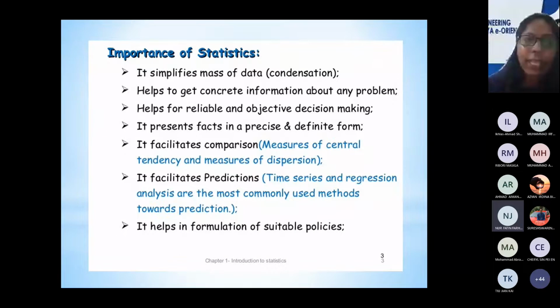Okay, and of course it facilitates comparisons. You can compare how one state is performing in comparison to another state, and how is the weather in different places. Okay, and it facilitates predictions. Yeah, this is our machine learning part. So with whatever is happening now, and with whatever data we have, we call it historical data.